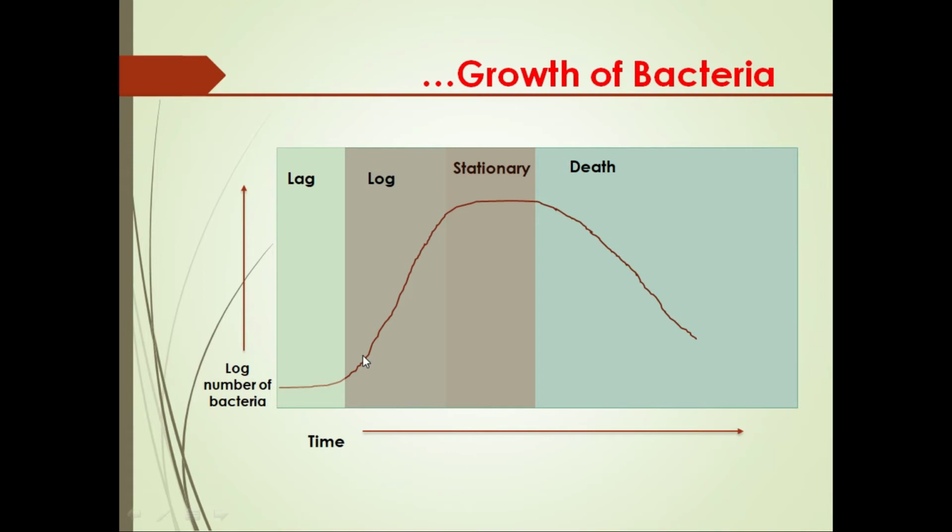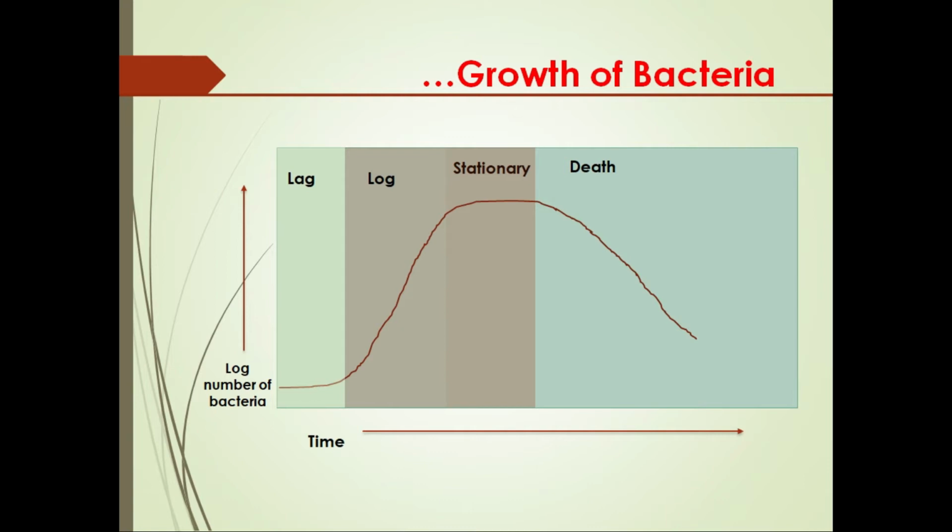In this phase, the number of cells increases exponentially, and then stationary phase. In this stationary phase, the number of cells is at maximum, but this maximum number stays for some time. That is stationary phase. This stationary phase is followed by death phase.